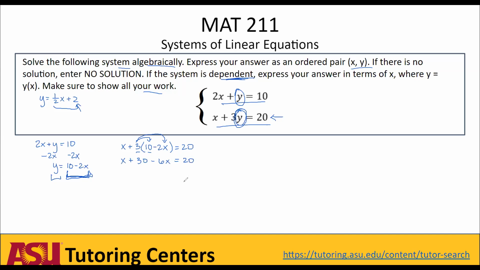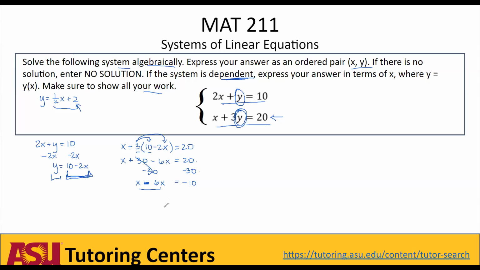So we can simplify this some more by subtracting 30 from both sides. And then this guy cancels out, and we have x minus 6x equals negative 10. So 20 minus 30 is negative 10. And then we can also combine these two x terms.